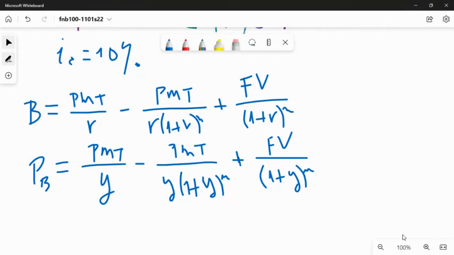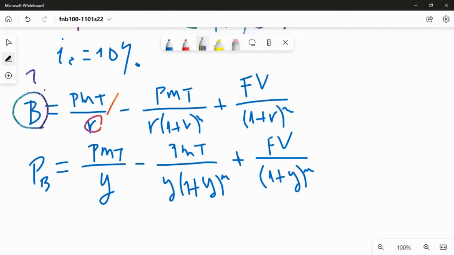In the first equation, this is the unknown. So far we've been trying to solve for the bond price, so the bond price is the unknown, but everything else is known.